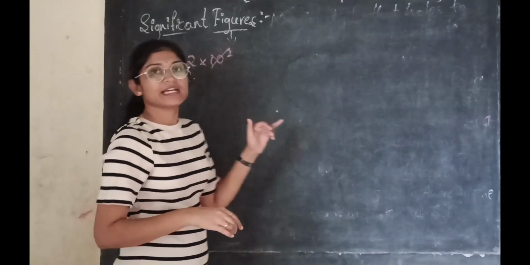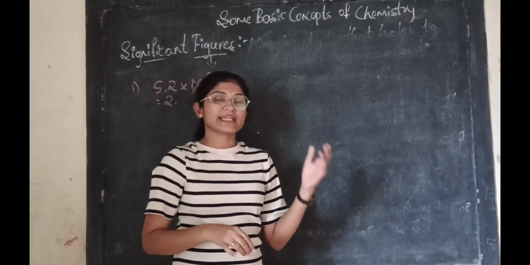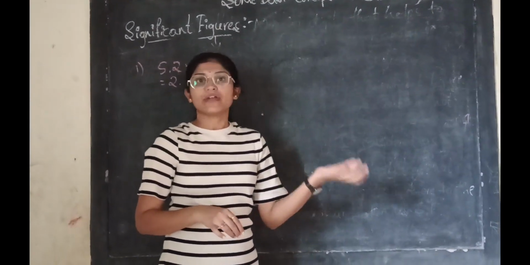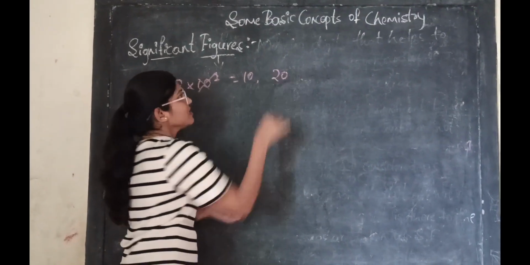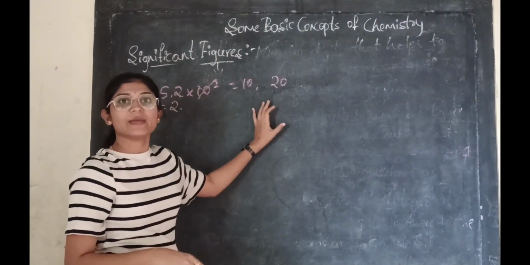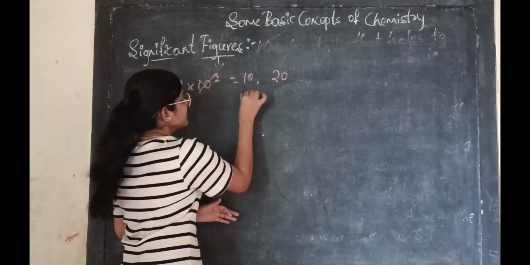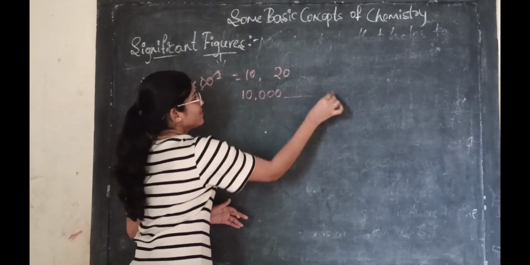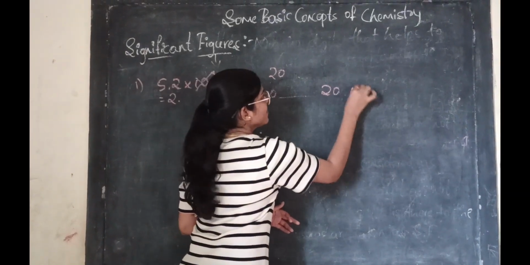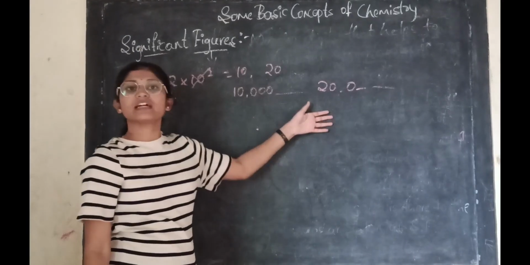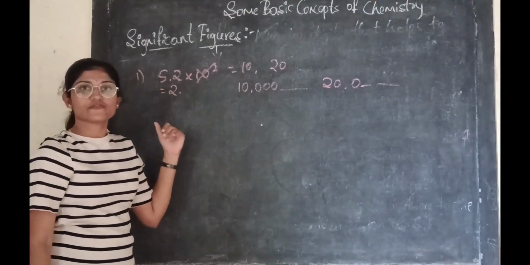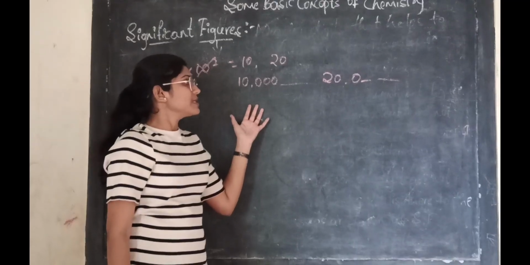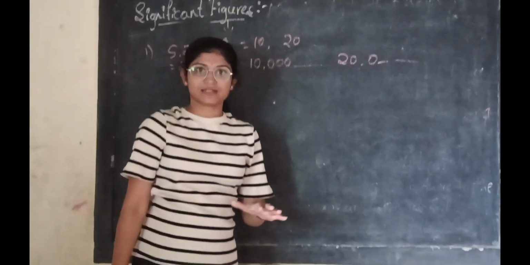And if we consider a physical count, for example 10 balls or 20 pence, the significant figures will be infinite because you are denoting an exact count. So this is all about the rules to count significant figures.